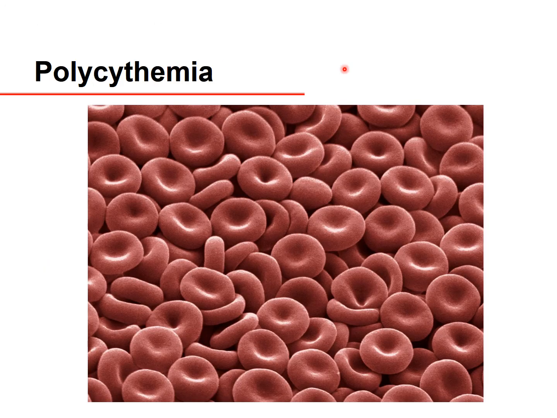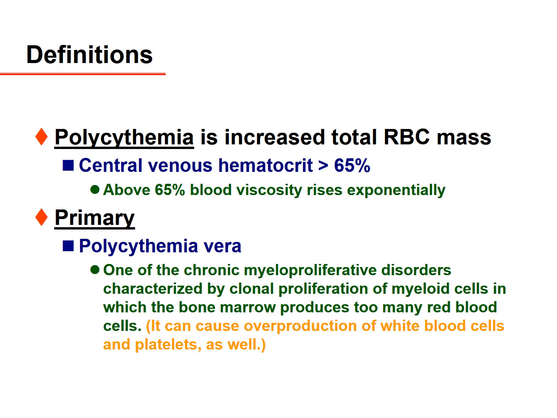The next part is the polycythemia, when we have more circulating red blood cells. Usually if we have a venous hematocrit that is higher than 65%, this is what we call polycythemia.